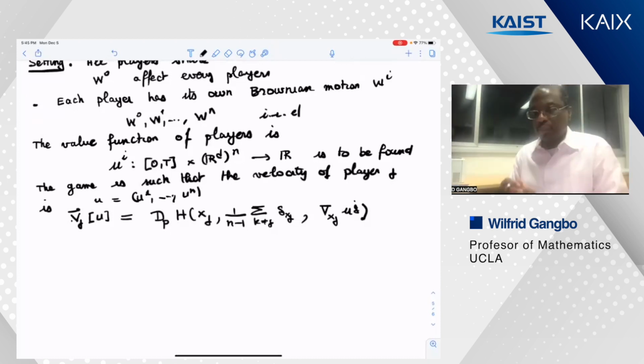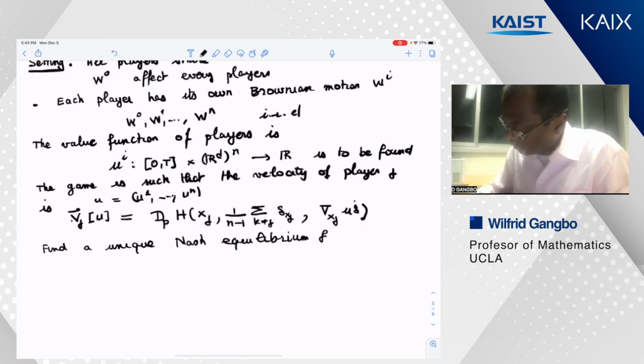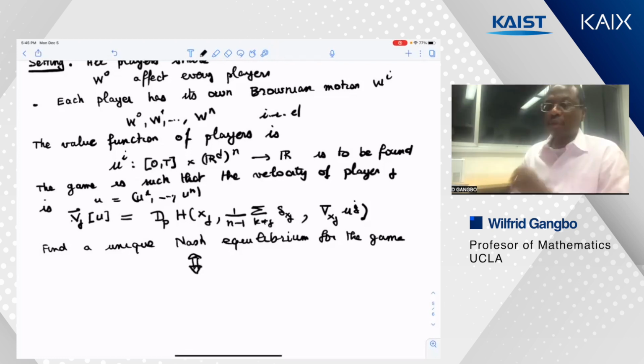So from deriving the equation, one shows that finding a unique Nash equilibrium for the game is equivalent to solving the following system of PDE.